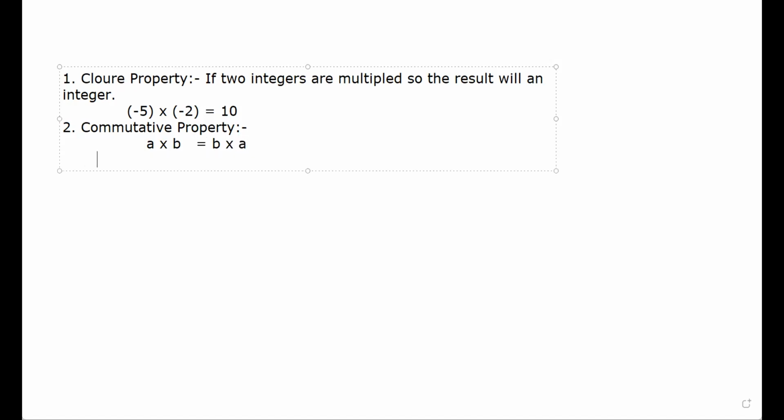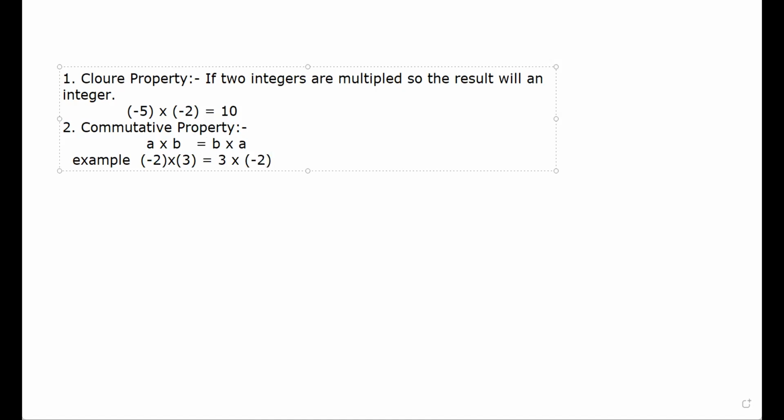I'll just give you one example. Suppose I multiply -2 into 3, or I multiply 3 into -2.